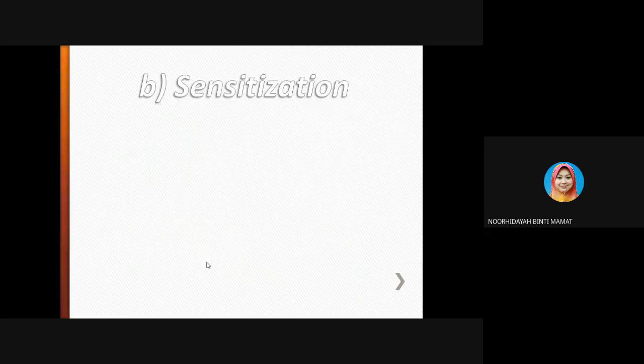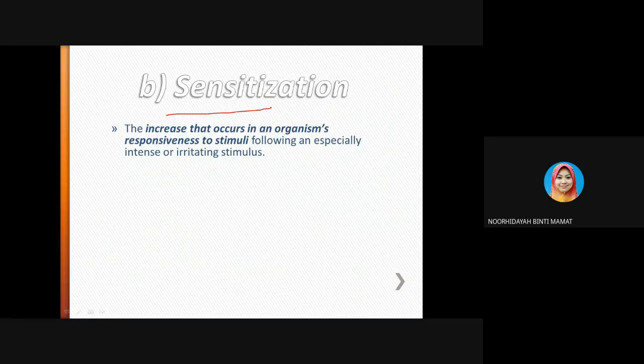So just now was habituation, the decrease in response to a stimulus after repeated exposure, while the second type of non-associative learning is sensitization. Sensitization is an increase, whereas habituation is a decrease.